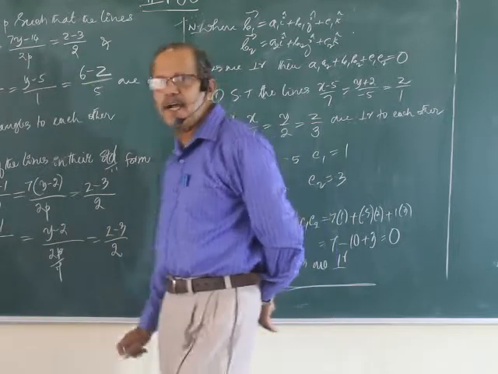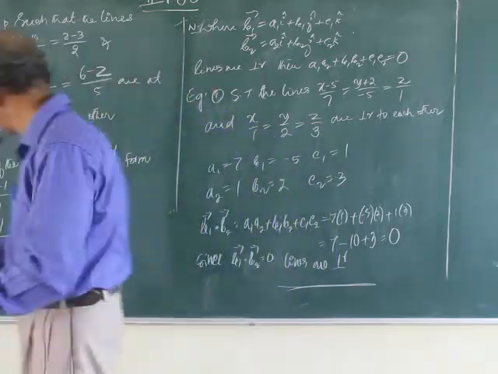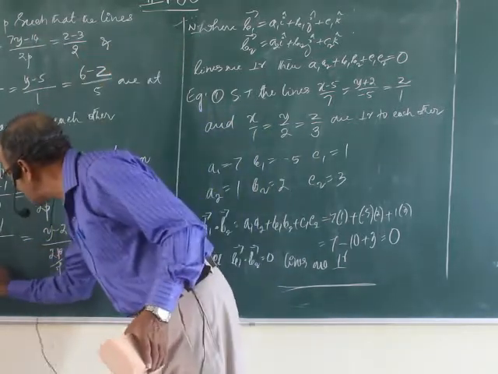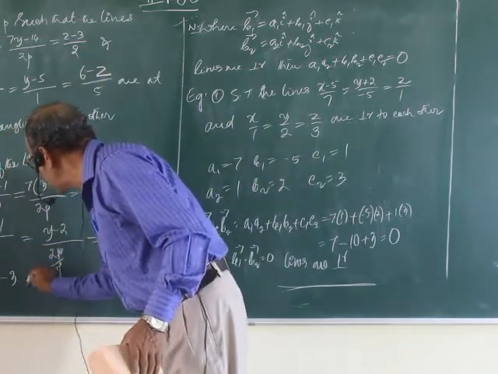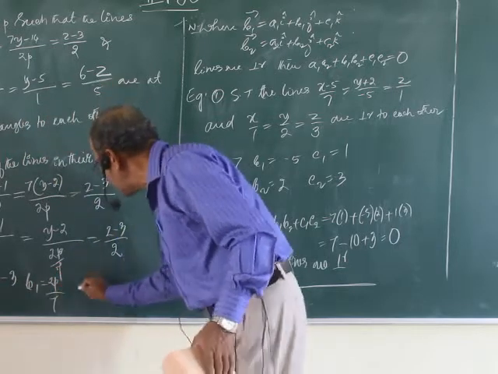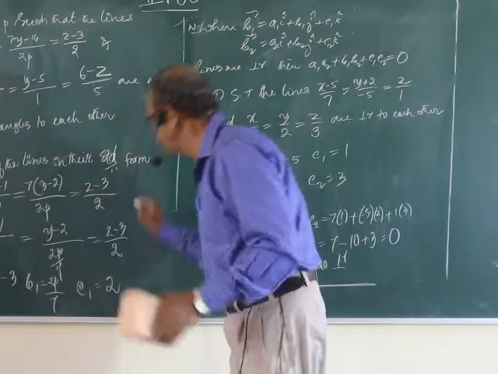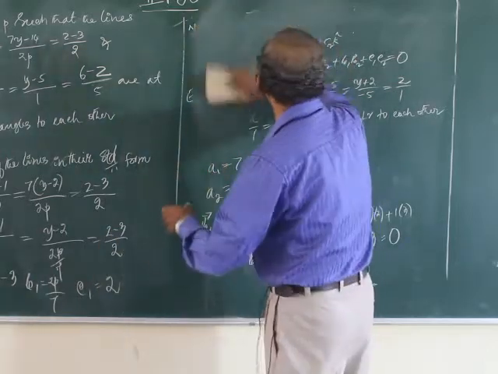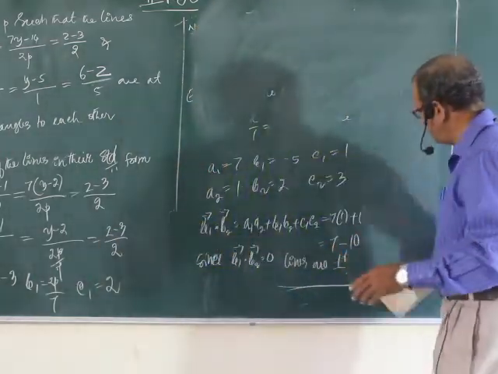Now you can write a1, b1, c1. Write correctly. Let me write here itself: a1 is minus 3, b1 is 2p by 7, c1 is 2. Write the second equation also in the standard form.